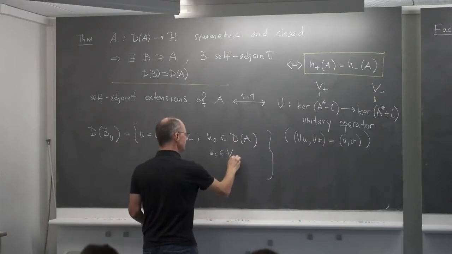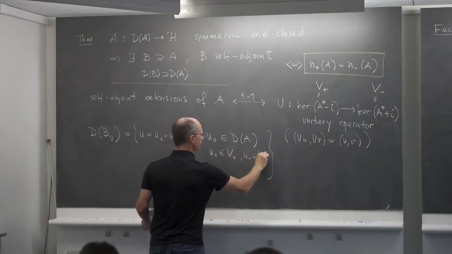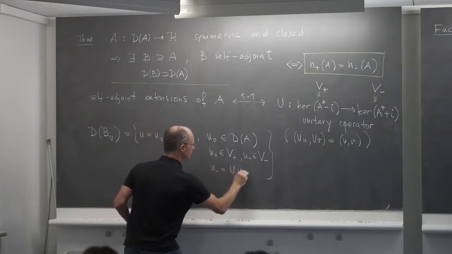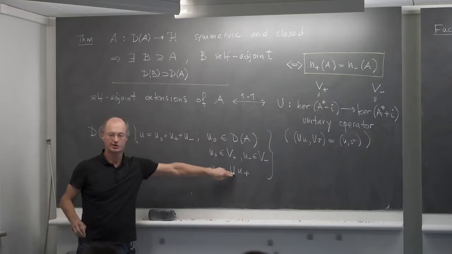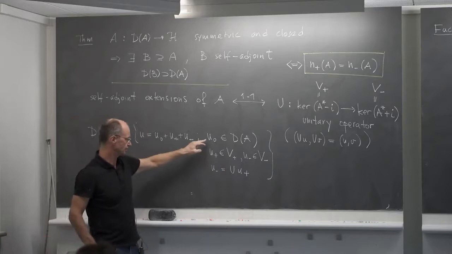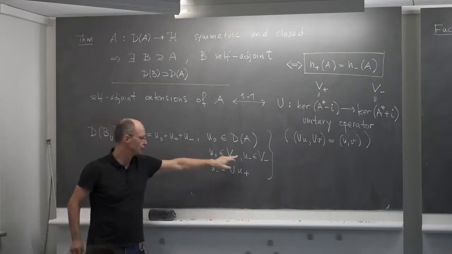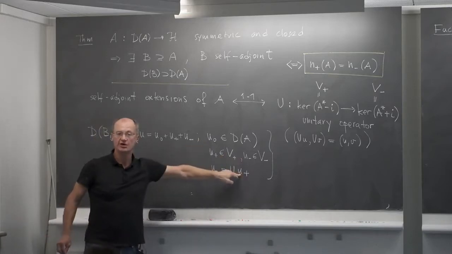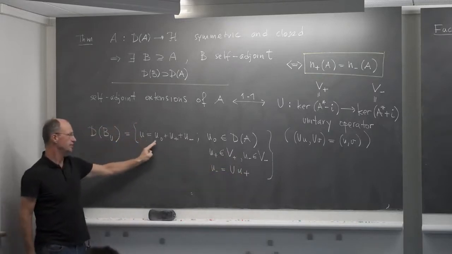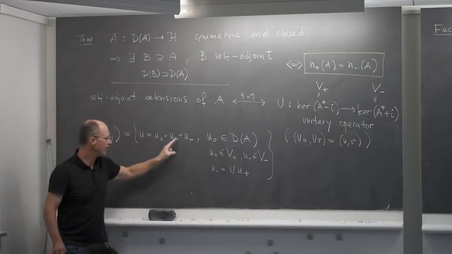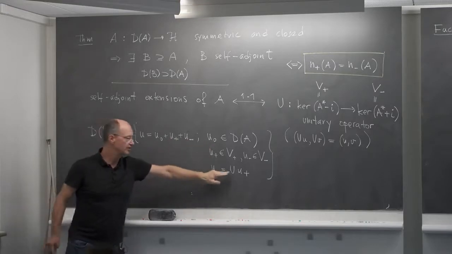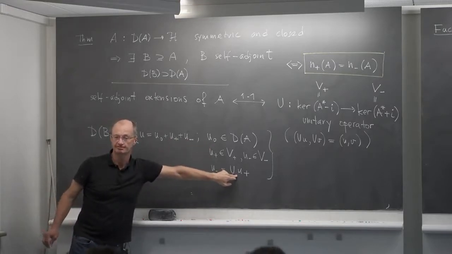So u plus is in V plus, u minus is in V minus, and u minus is the image of u plus under that unitary operator. Right? So in fact, I need to give you u naught and u plus, then u minus is defined automatically. So you see the domain is bigger than D of A. You add those vectors u plus plus u minus, where u plus and u minus are related by the unitary.